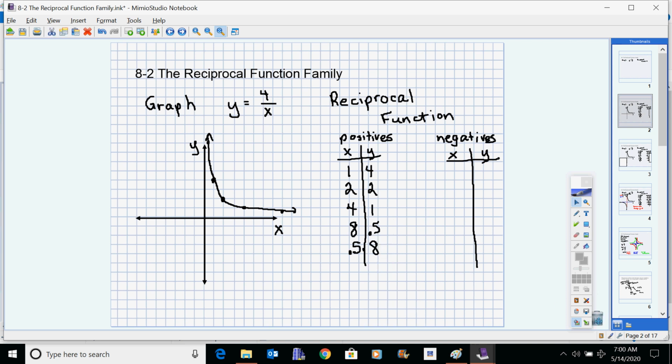And what we notice in this is that the answers kind of make backwards patterns of each other. And when we graph our points, we have something that looks like this.